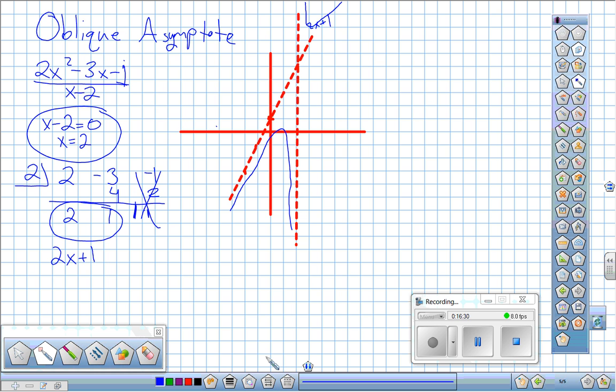And just a real quick note that you need to make sure you realize: with horizontal and oblique asymptotes, the function can cross those asymptotes. With a vertical asymptote, the function can never cross it.